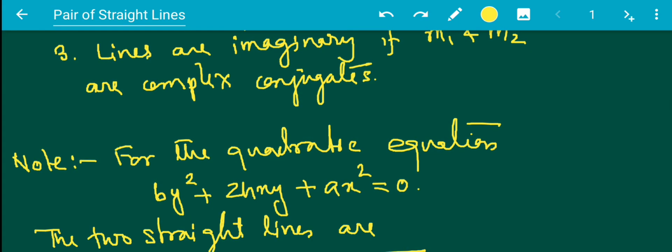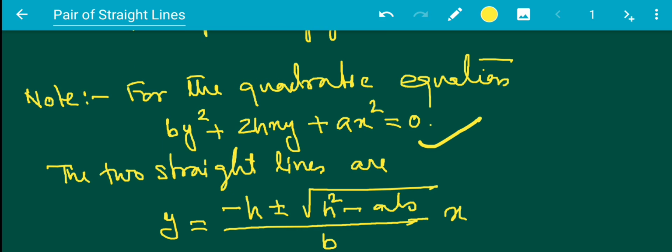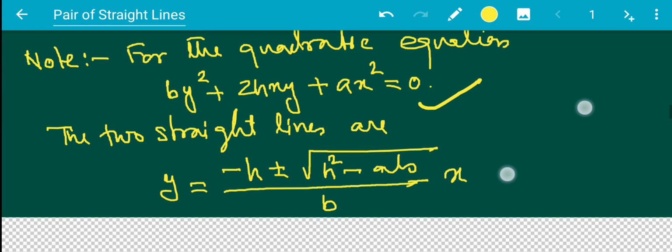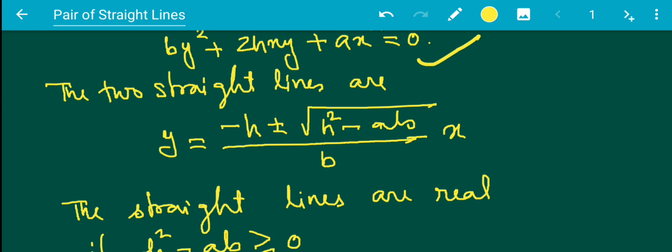Another part is for the quadratic equation. If you consider this homogeneous second degree equation, then you can see that using the completing square method, we can write y is equal to minus h plus minus square root of h square minus ab by b into x. Now here you can see that this is an equation of a line. This is the same as writing y equal to mx.